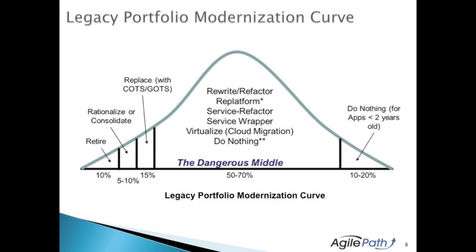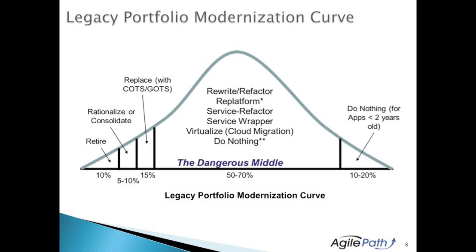Through analysis, you would find a percentage of your legacy portfolio, maybe 5 to 10%, that is largely duplicative. And what I mean by largely duplicative is that you've got a set of applications that are probably 70% or greater redundant and overlapping in capability, and those would be candidates for rationalization or consolidation. And so that's another chunk of the portfolio that you should be identifying and starting to take a deeper look at.